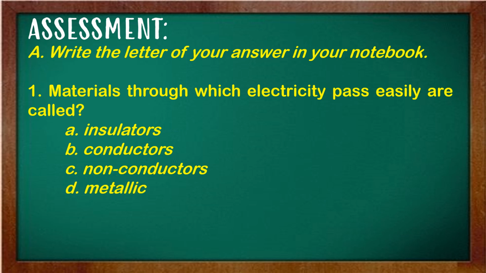And letter D, metallic. Write the letter of your answer in your notebook. And the answer is letter B, conductors. Did you get it right? Okay, good job. So let's go to number 2.